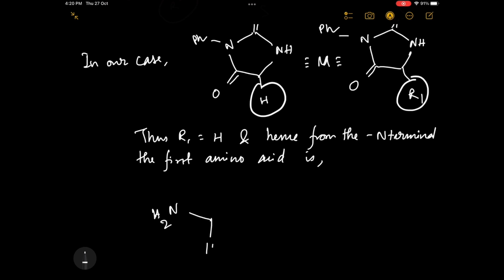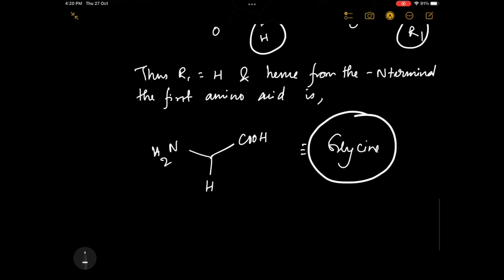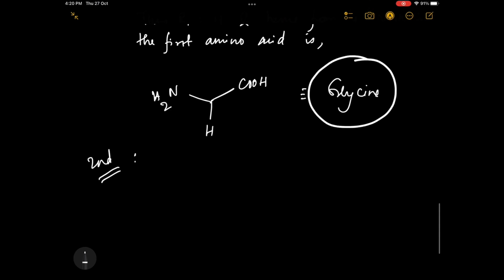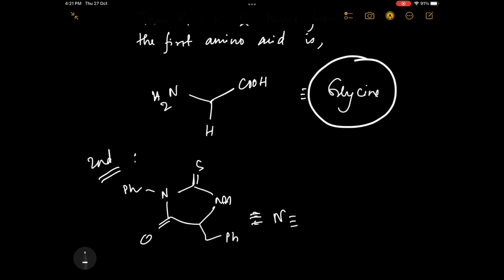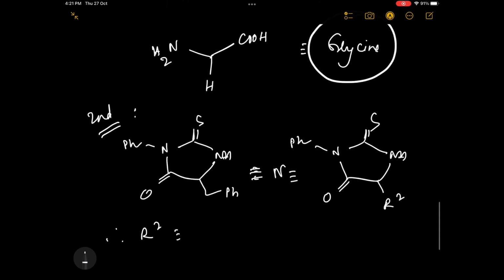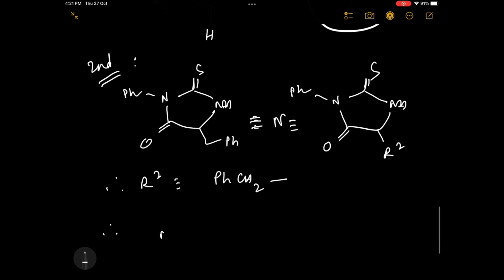Okay. In the next case, in the compound N that has been given, the R1 is PhCH2. Whenever PhCH2 is present as an alkyl group in an amino acid, it is phenylalanine. Hence our second amino acid from the N-terminal is phenylalanine.